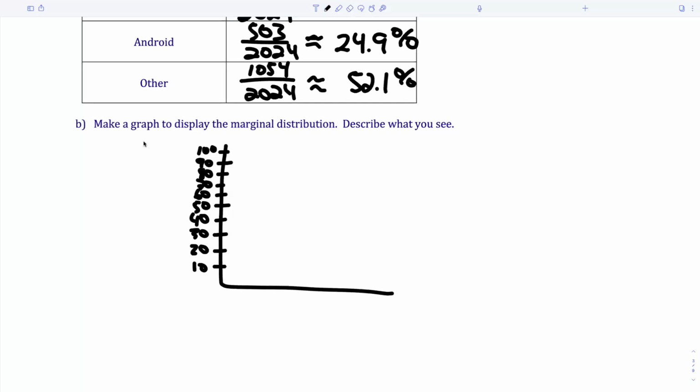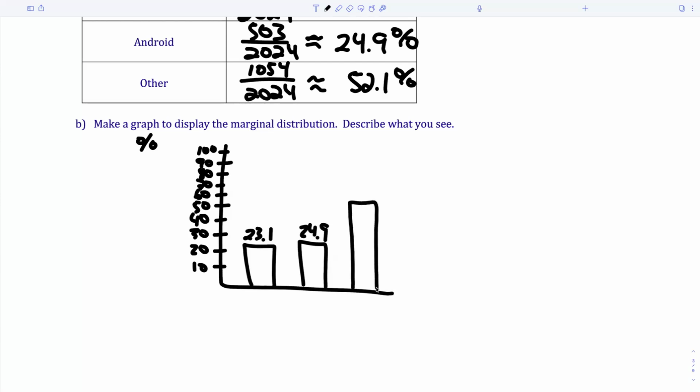These are percentages. All right, and so down here, I'm gonna make a bar chart. The iPhone was 23.1. And the Android was 24. And the other was 52.1.